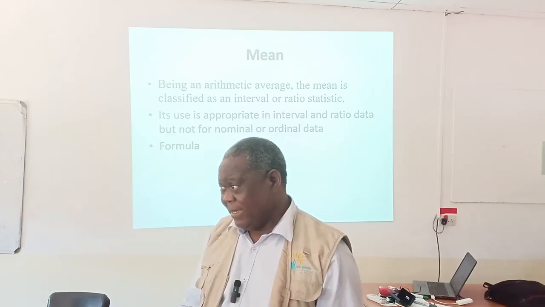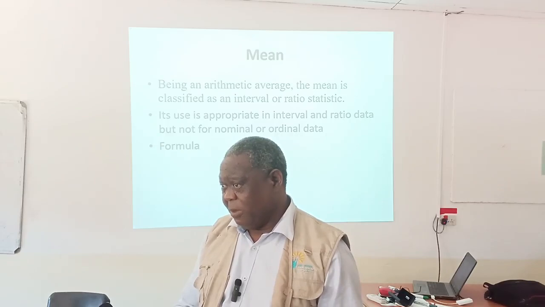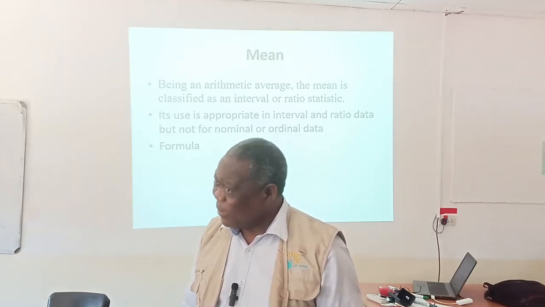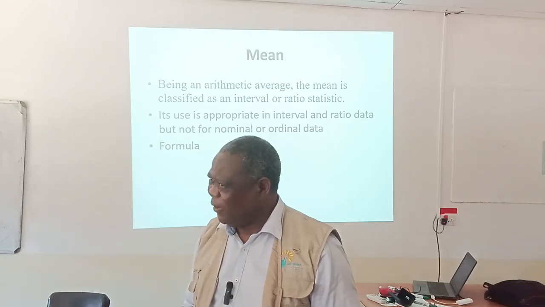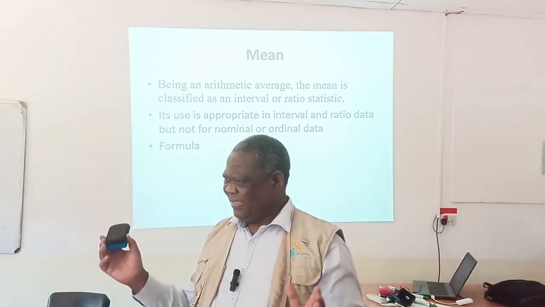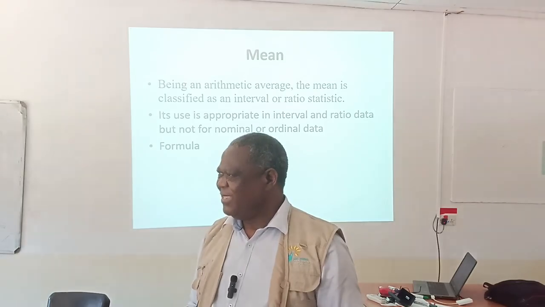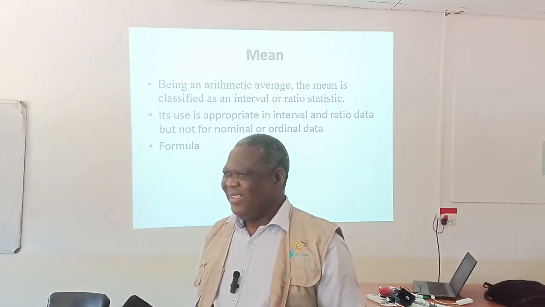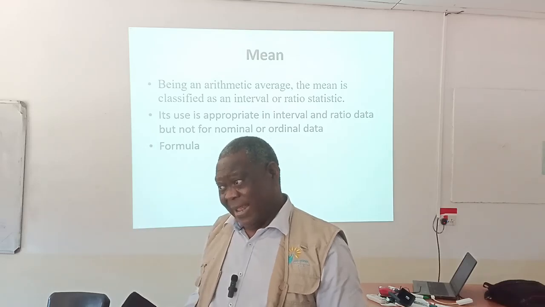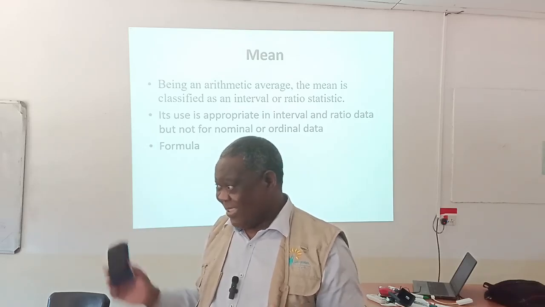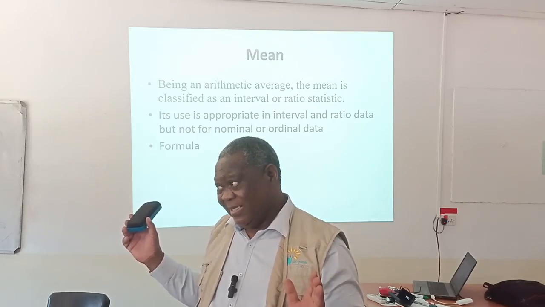Our colleagues in the Department of Meteorology are always using it. The average temperature in Lilongwe, the average temperatures in Nzuzu are, so they're using the mean, but there's a problem. You remember what the problem is?